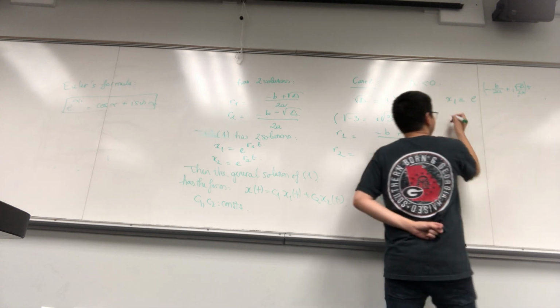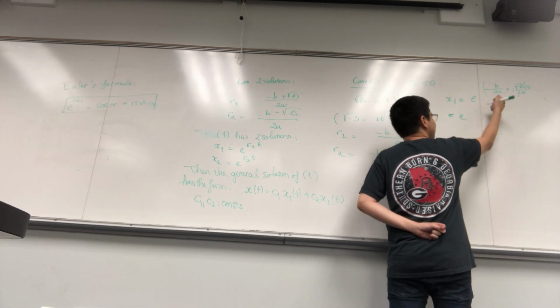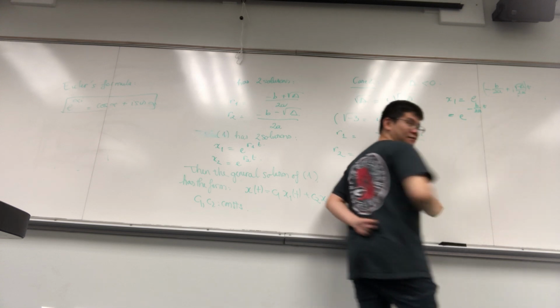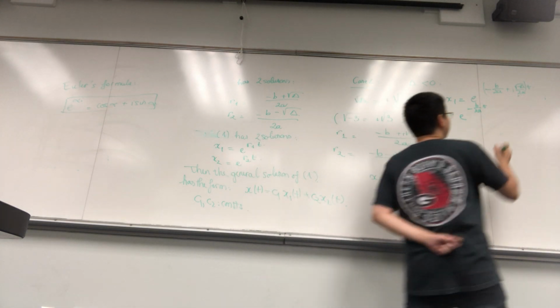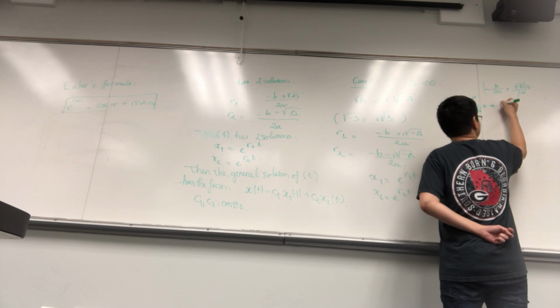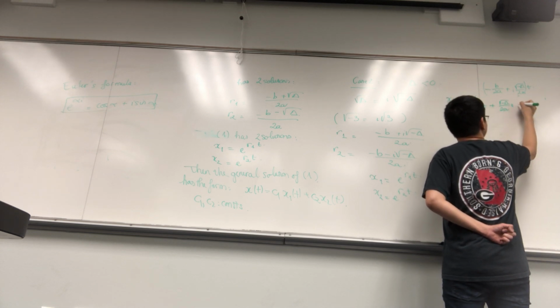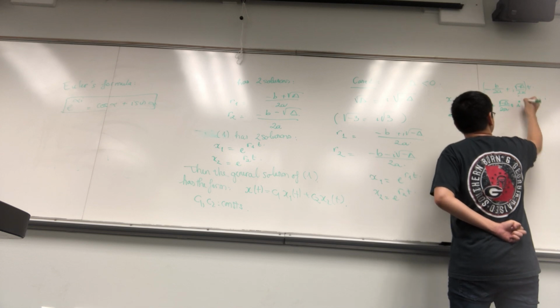So then now you're going to develop this. This is going to be e to the power minus b over 2a t, plus square root of minus delta over 2a times t times i.